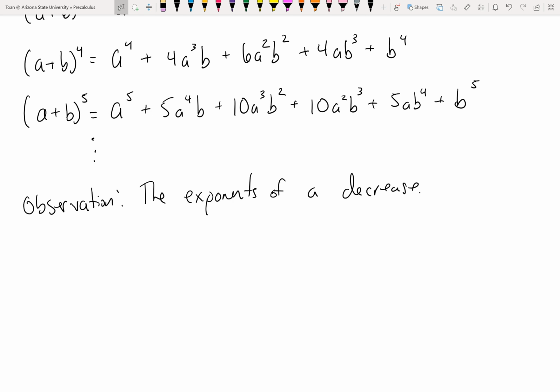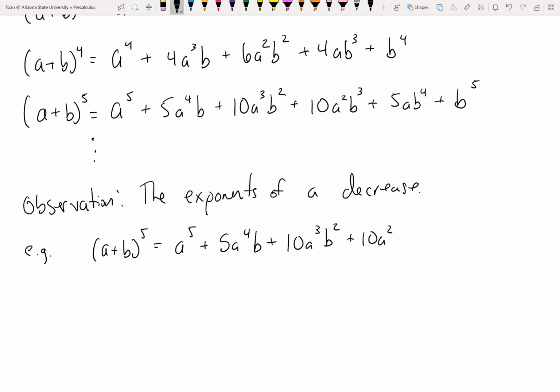Again, since these are notes and I did a lot of erasing, let's just write it one more time for posterity's sake. For example, a plus b to the 5th power, a to the 5 plus 5a to the 4b. I'm just copying it down. Plus 10a cubed b squared plus 10a squared b cubed plus 5ab to the fourth plus b to the 5. If you just focus on the exponents here of a, there's really a 1 here.